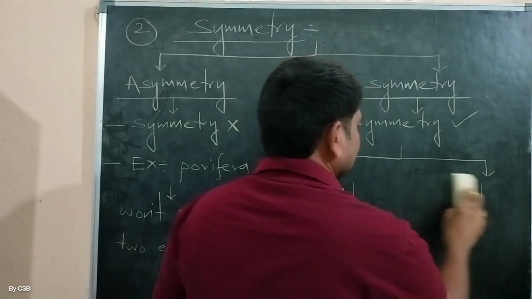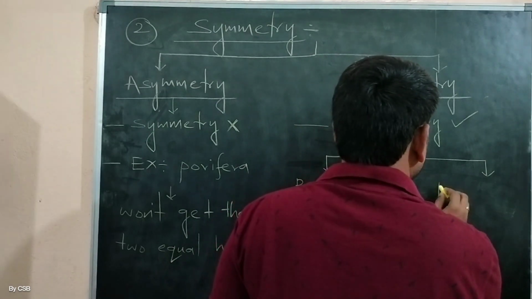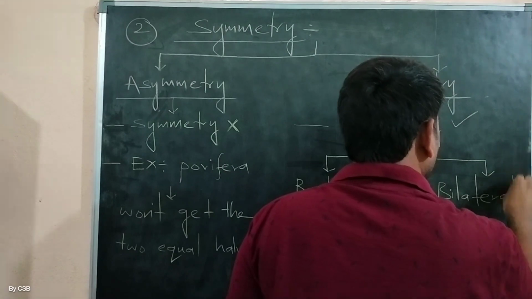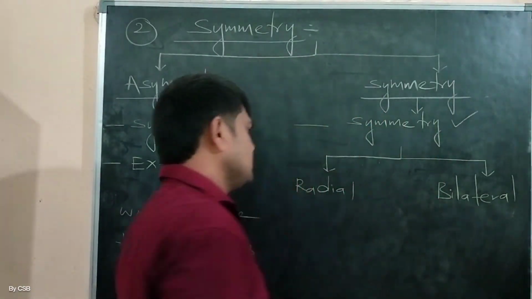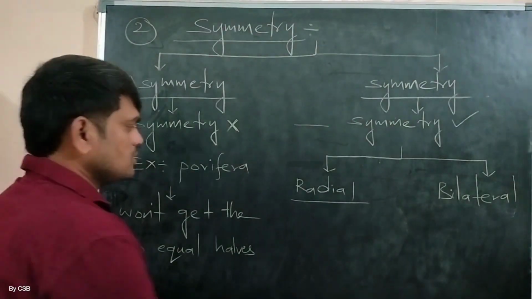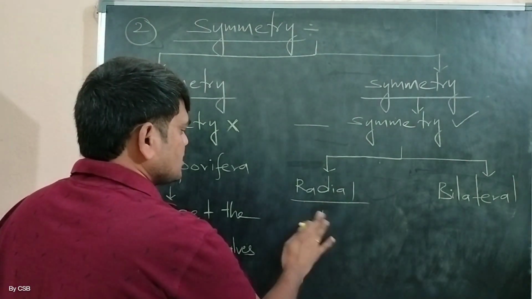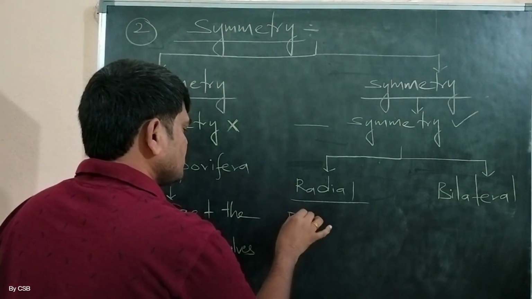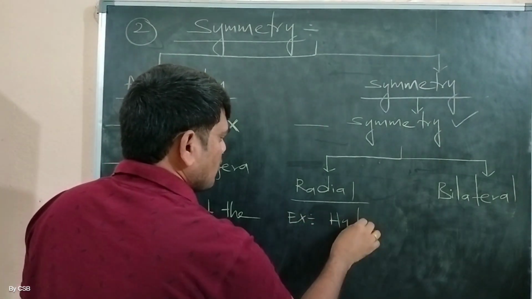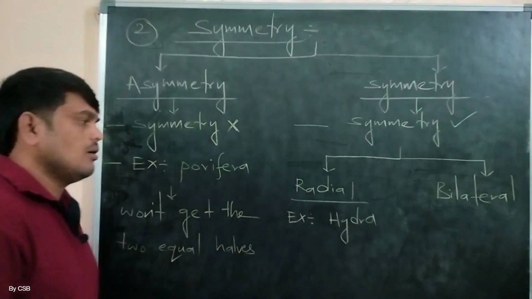Let me explain how they differ. Radial symmetry is exhibited by, for example, Hydra.